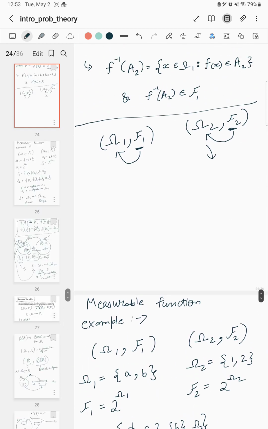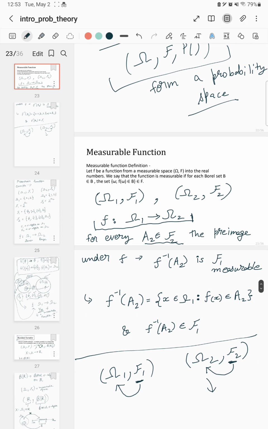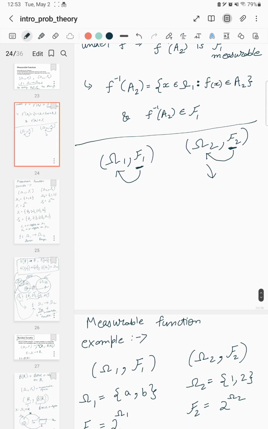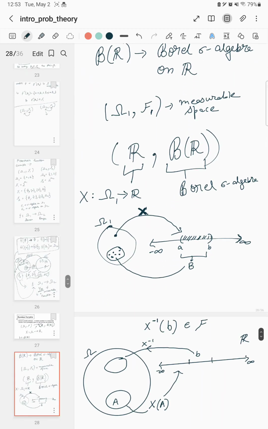You can also write it in this manner. The set of small omega 1 such that f of omega 1 belongs to the Borel set B, and B belongs to the Borel sigma algebra B of R. The set of all such omega 1s, which is nothing but f inverse of B, should belong to F1.